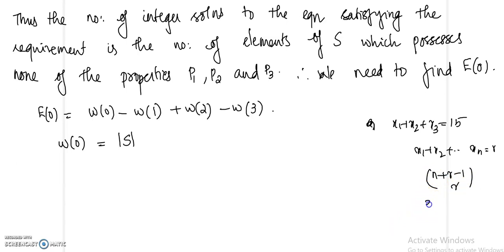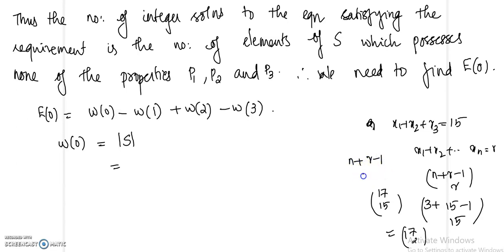So you will get (3 plus 15 minus 1) c 15, which is 17 c 15, which is equal to 17 c 2. That is (n plus r minus 1) c r or (n plus r minus 1) c (n minus 1). So let us use this one. So that is the cardinality of S.